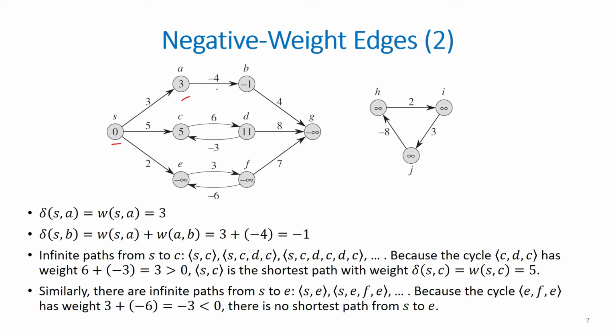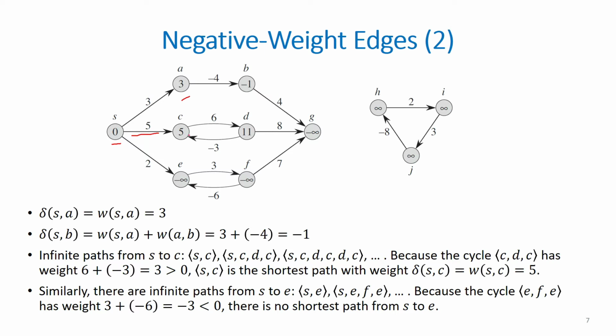Now let's follow the shortest path from S to C carefully. I can go from S to C by traversing the edge SC once, which would give me 5. I can also go from S to C by traversing the edges SC, CD, and DC, giving me a total of 5 plus 6 minus 3, which is equal to 8.